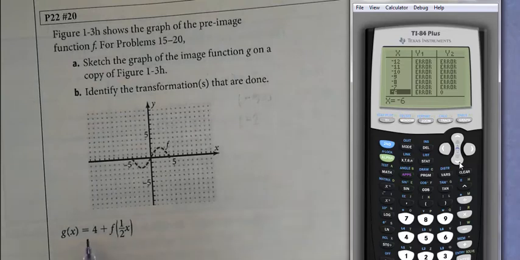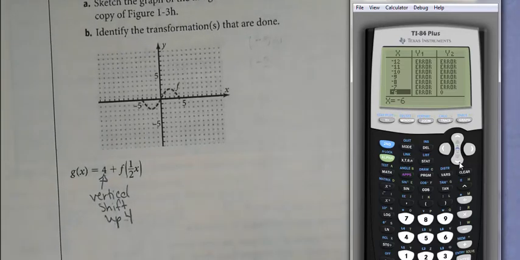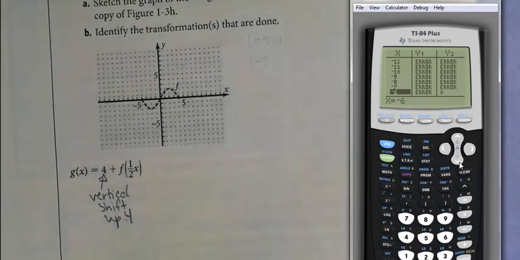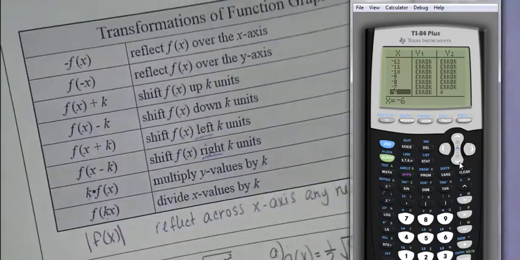So first of all, maybe I'm going to do that backwards. I know that this plus 4 is going to be a vertical shift up. And now I've got this 1/2 being multiplied to my input.